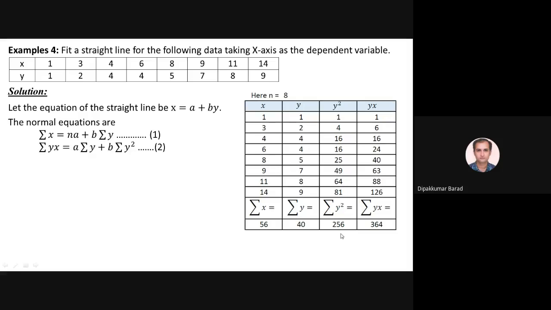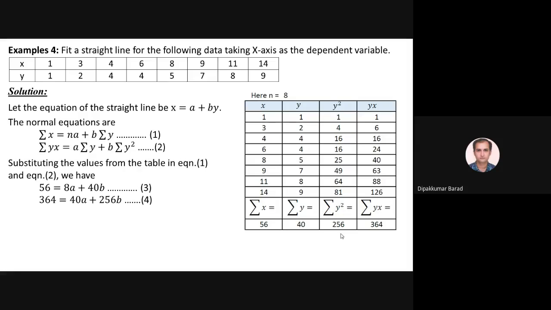If we put these values in the equations, I get 56 is equal to 8a plus 40b, and 364 is equal to 40a plus 256b. Again, you have to find a and b. So just multiply equation 3 by 5, since 8 fives are 40, and then you can eliminate a. Multiply equation 3 by 5 and subtract from 4.